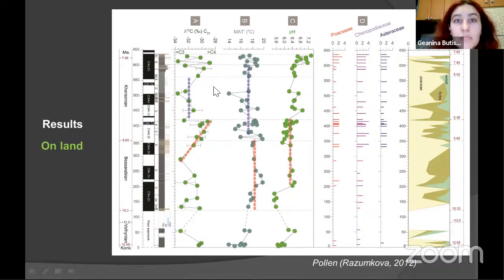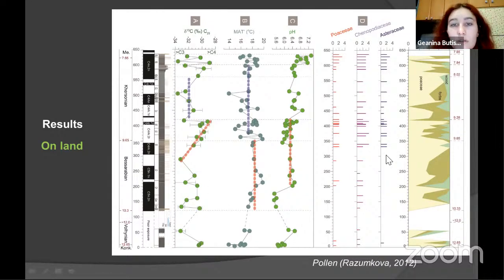In terms of mean annual temperatures, we see that the high temperatures on land are pretty much the same as in the periods when there are high temperatures in the sea, except some intervals. But overall, they are suggesting pretty much the same changes.